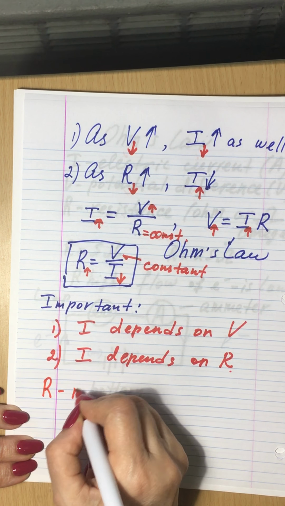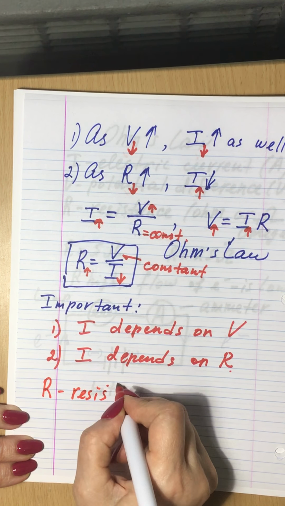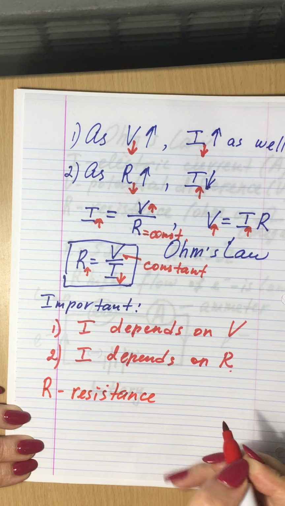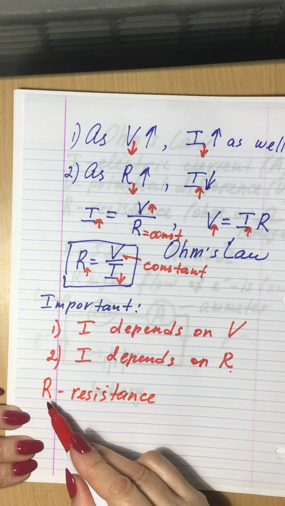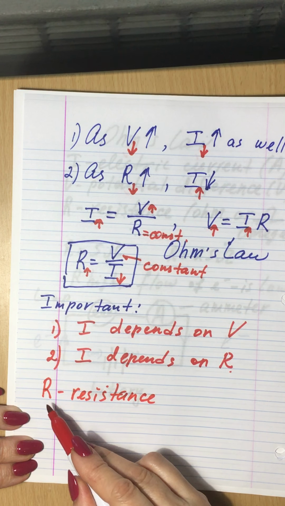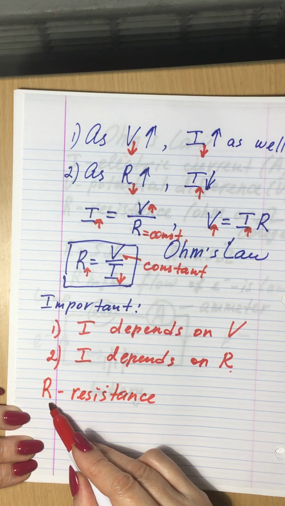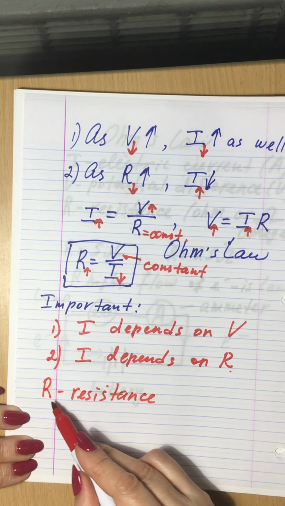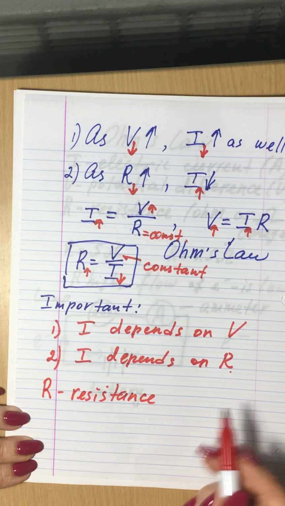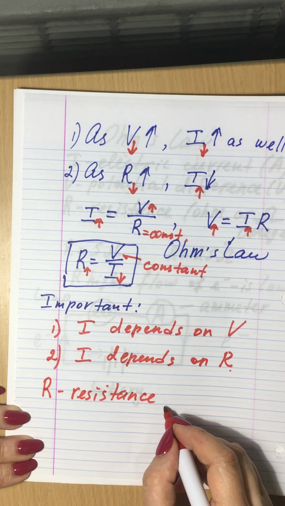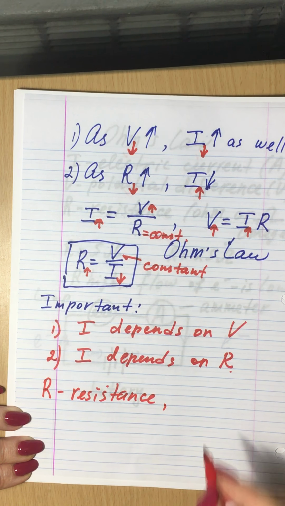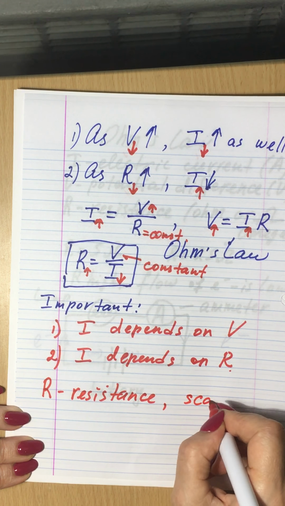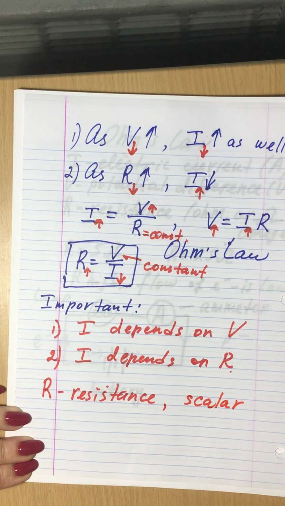And one more thing I want to mention at the end. R is resistance. Okay, it shows how the device opposes the flow of charges, flow of electrons when they pass through this resistance. It's a scalar quantity, doesn't have any direction.